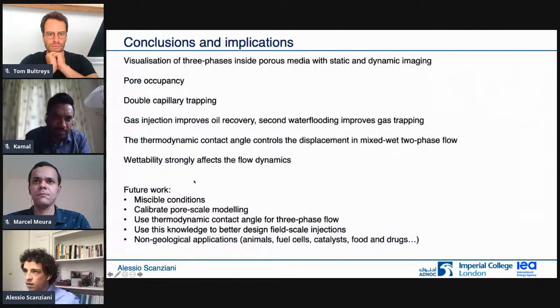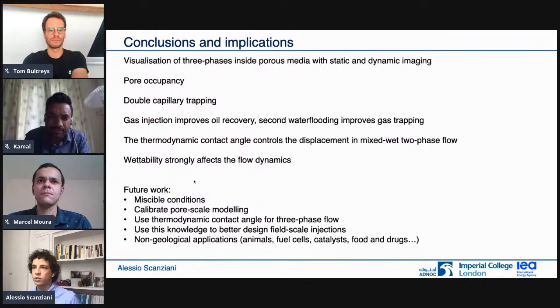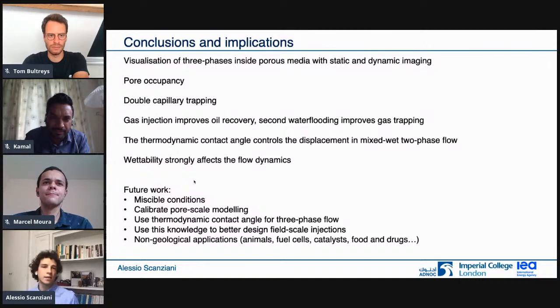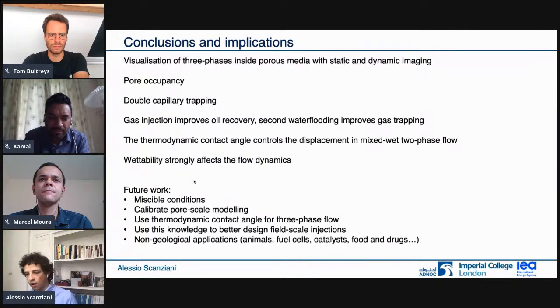So as a conclusion, we developed this methodology to visualize three phases inside the porous media with static and dynamic imaging. We analyzed pore occupancy, showing that in water-wet media, water occupies the smallest pores, oil the intermediate ones, and gas the big ones, while in mixed-wet media, the oil occupies more of the smaller pores, water is occupying intermediate pores, and gas is still occupying the biggest pores.